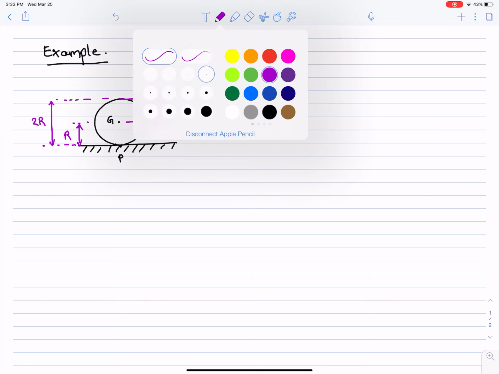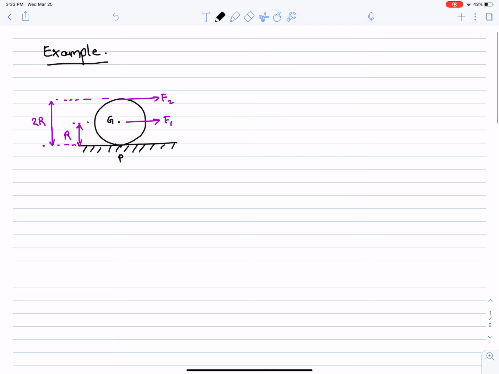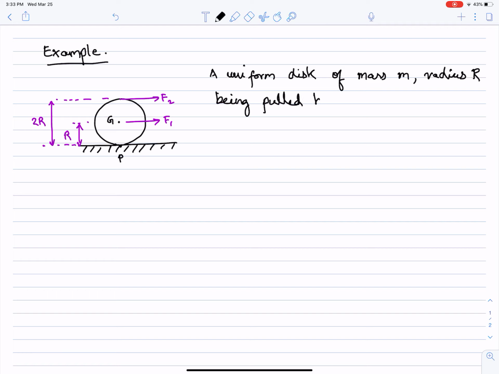Okay, so what's the premise of the problem? A uniform disk of mass m, radius R, being pulled by forces F1 and F2 as shown.